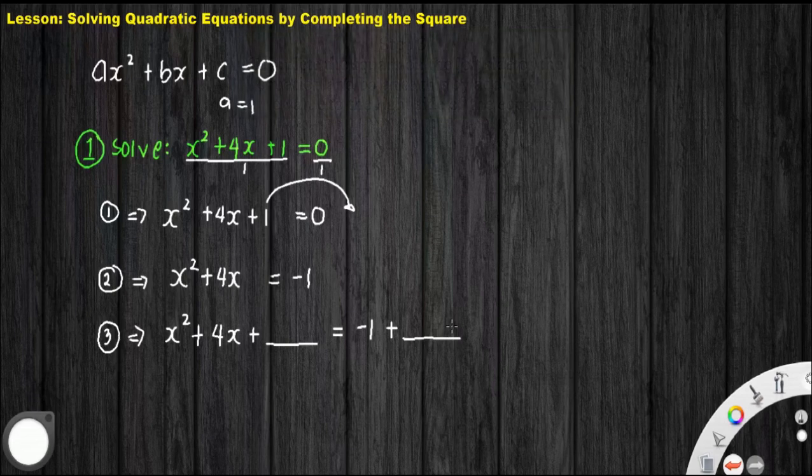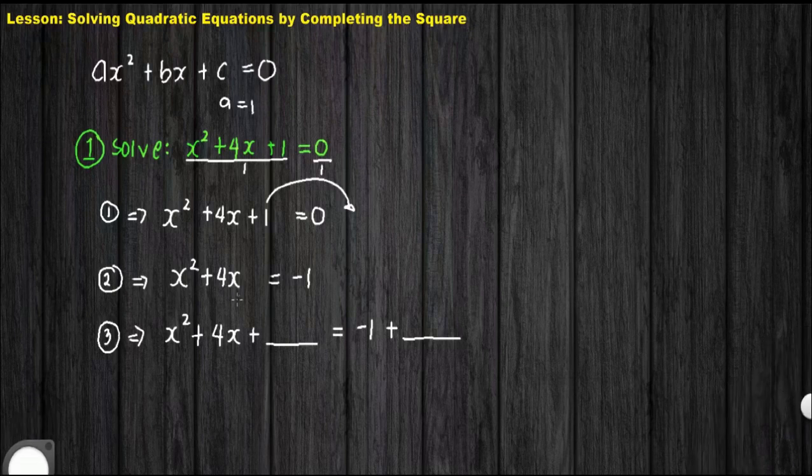Ngayon, to continue our third step here, ang kailangan natin gawin dyan is to follow this format. We have to find this one: b over 2, raised to 2. Okay? Saan natin mahanap yung b dyan?